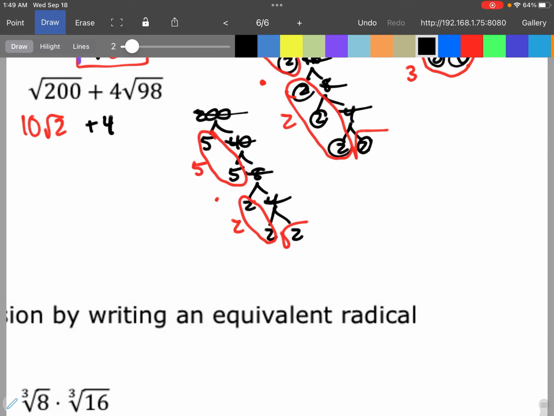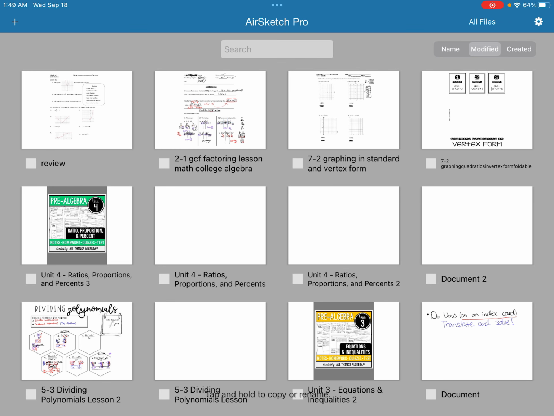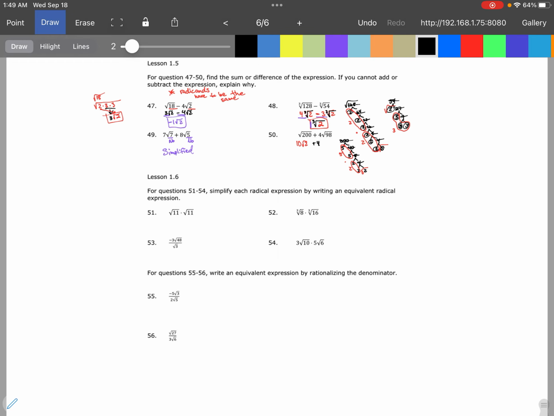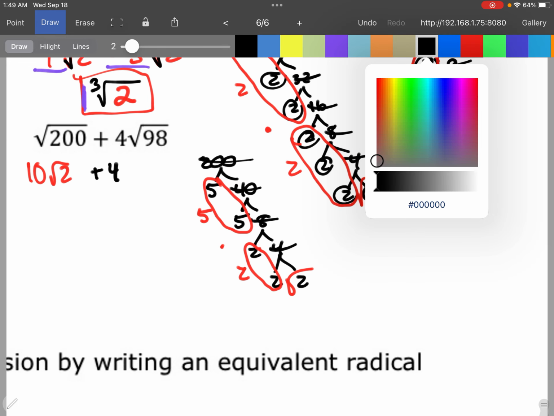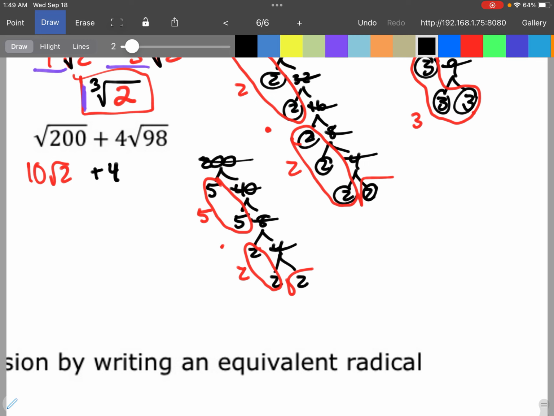And now we got to go off to the side and break down the 98. I'm going to break that down with a 2 and a 49.